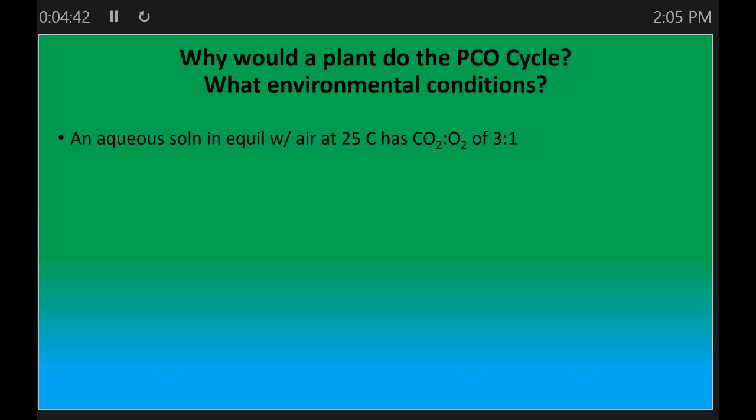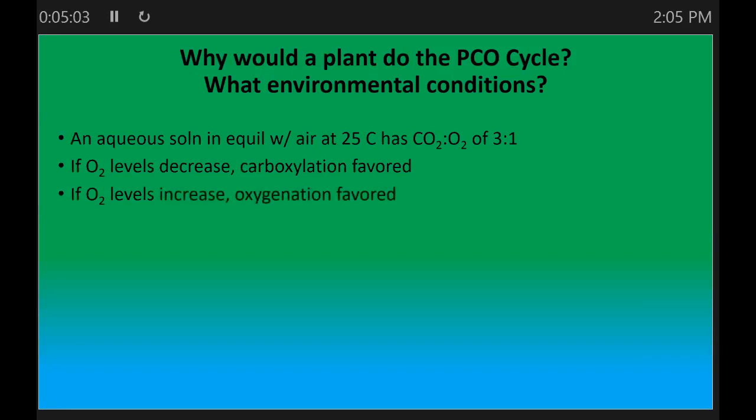But as you know, a lot of plants don't live at 25 degrees Celsius year round or even within one day. And so if there's a condition that forces that ratio to shift, so you get more oxygen instead of CO2, then oxygenation is favored, okay?